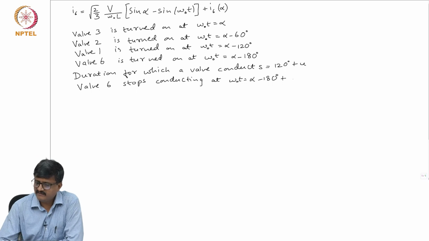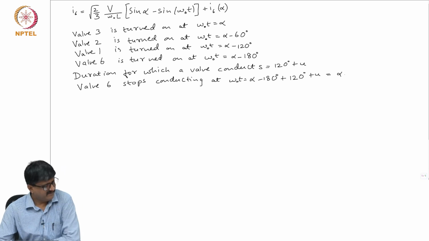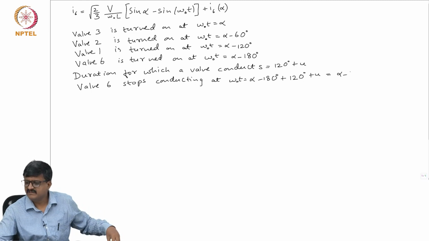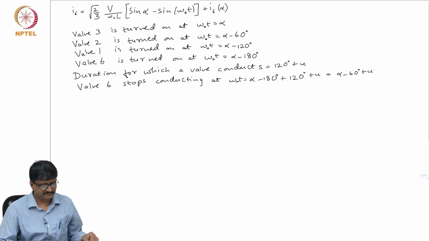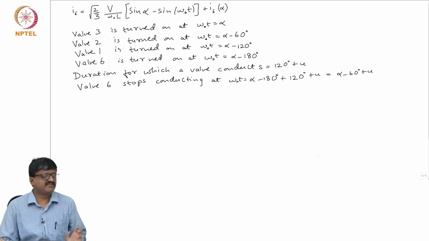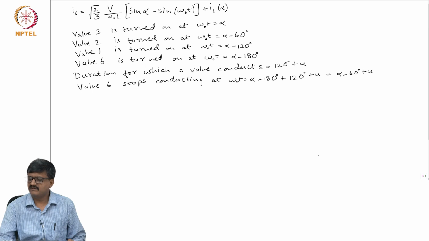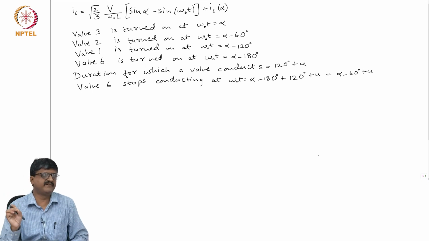So, I have to add the duration for which it conducts, 120 degrees plus u. So, this is nothing but alpha minus 60 degrees plus u. So, from alpha to alpha minus 60 plus u is taken as the first subinterval. That is the basis for taking alpha minus 60 plus u as the end point of the first subinterval.